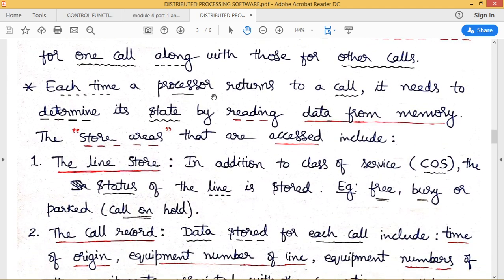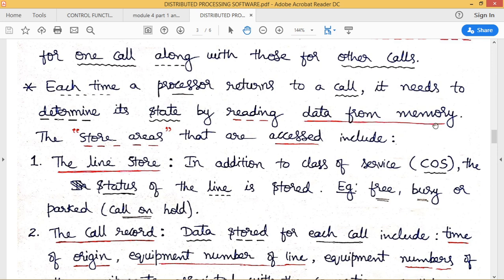So each time a processor returns to a call, it needs to determine its state. Of course, whether the state is state 0, state 1, state 2, all different states must be decided by the processor. So of course the processor decides its call states by reading data from memory.